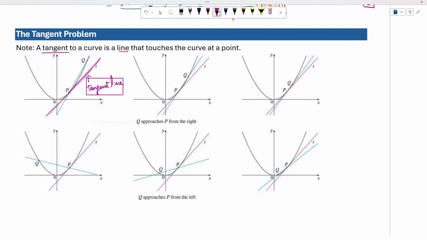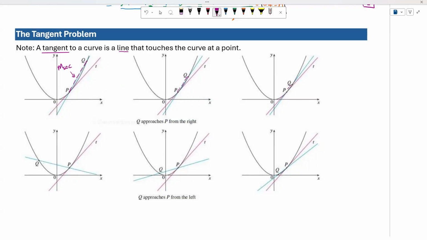Now consider that I would like to find the slope of the secant line between P and Q. What if the point Q is moving closer and closer to P?